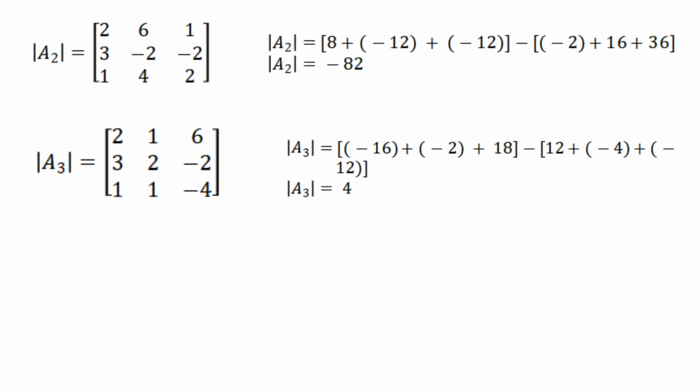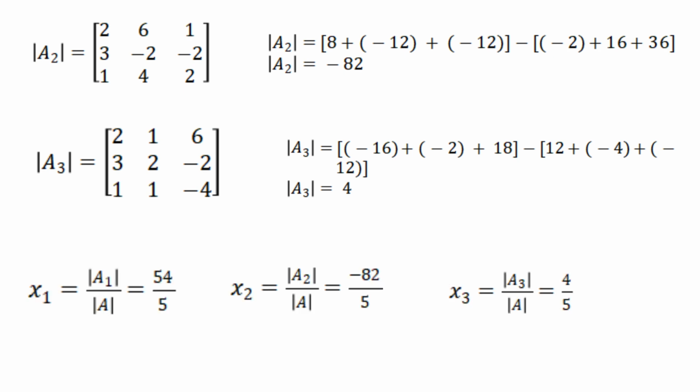Now, we are going to solve for x sub 1, x sub 2, and x sub 3. Using Cramer's rule, x sub 1 is equal to the determinant of A sub 1 over the determinant of A, and our determinant for A sub 1 is 54, and the determinant of A is 5. So 54 over 5 for x sub 1. Next, x sub 2 is equal to the determinant of A sub 2 over the determinant of A. So we have negative 82 over 5.